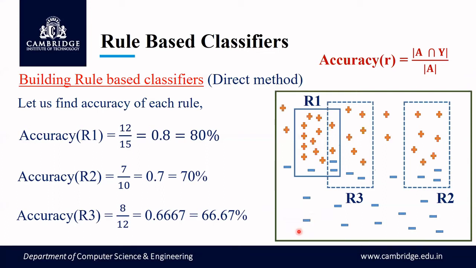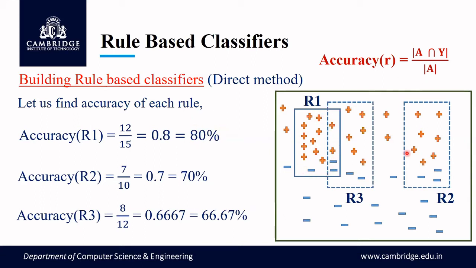And remember students, to find these accuracies, we have considered the records covered by each rule as it is, without removing anything. For R1, I have considered this entire box as R1 and taken these examples and calculated this accuracy.